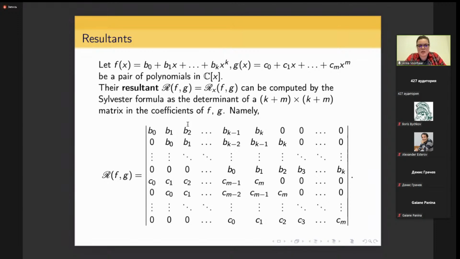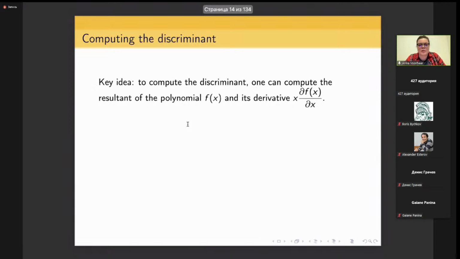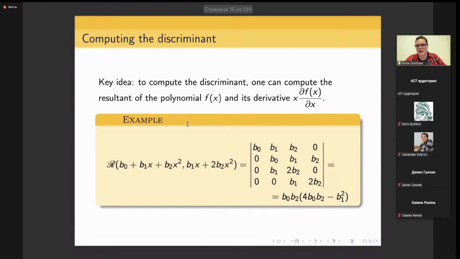But anyway, this approach can actually be used to compute the discriminant in the one-dimensional case. For example, if you plug into the resultant your polynomial together with its derivative with respect to the variable, we have one variable only, then you will get an expression which is almost what you want.